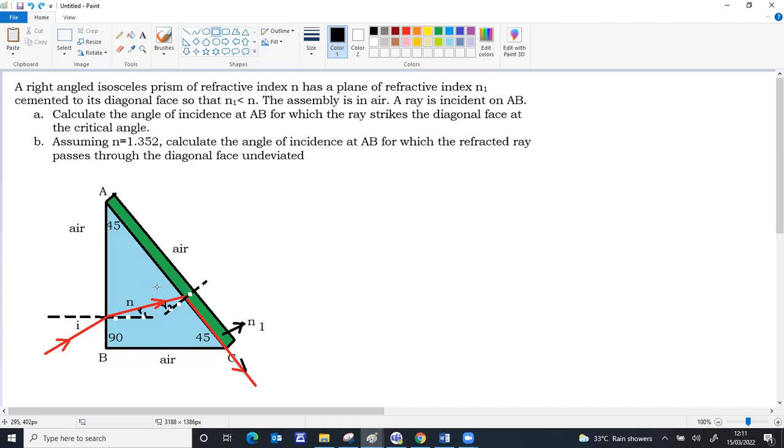The angle of incidence for AC is R2, the angle between the normal and the incident ray for AC. When the angle of incidence is the critical angle, the angle of emergence will be 90 degrees. The marking is not visible, but you can take R1 as this angle and R2 as this angle.